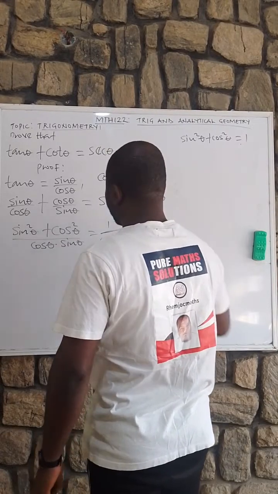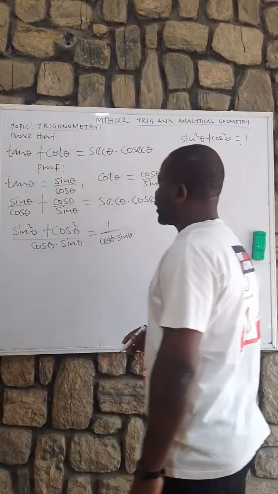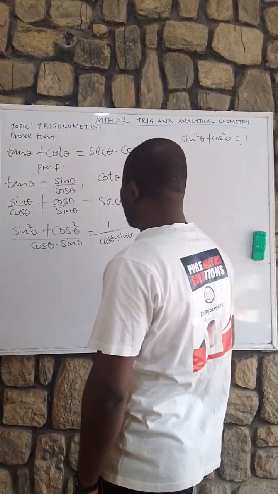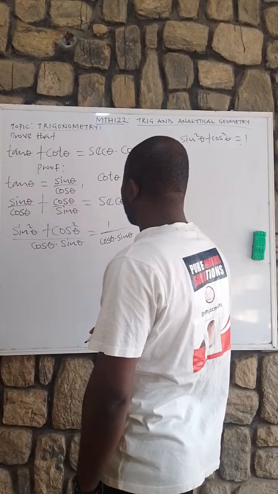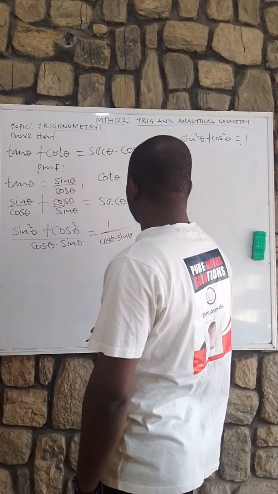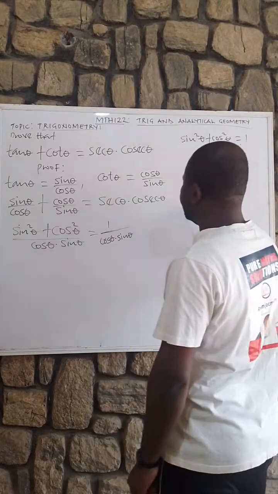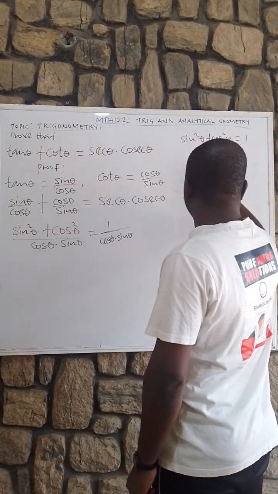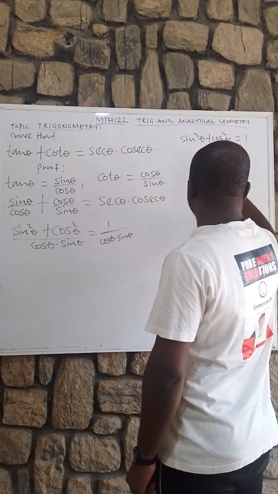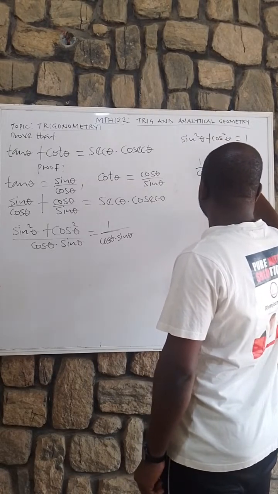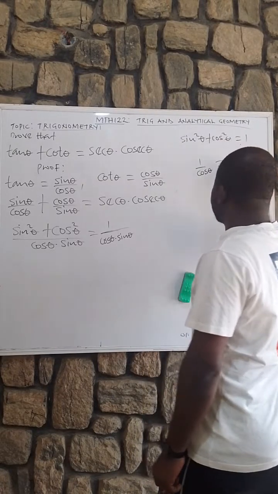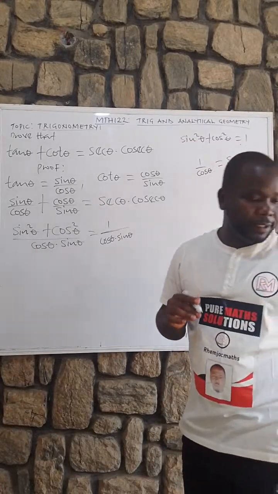True or false? It's true. Okay. So far, so good. What else? We know that 1 all over cos theta, cos inverse, is sec theta, right?